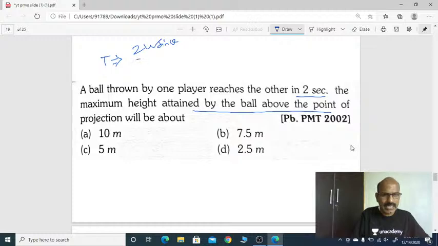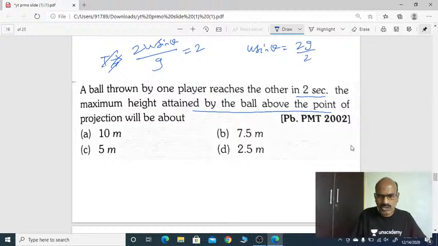2u sin theta by g, that is 2 seconds, right? So that is given. From this, cross multiply g, the 2 will be cancelled. So u sin theta equals 2g by 2, so you will get 10. Here the question is maximum height.